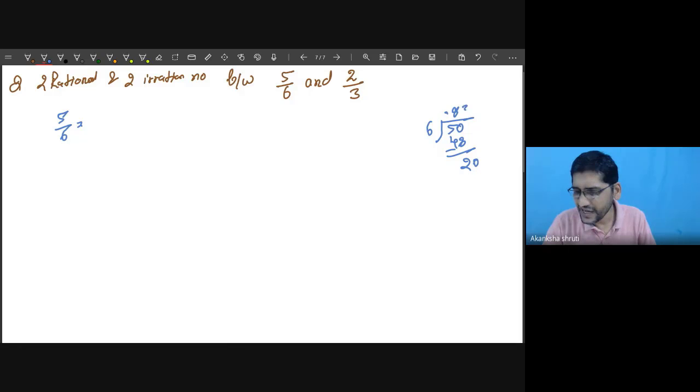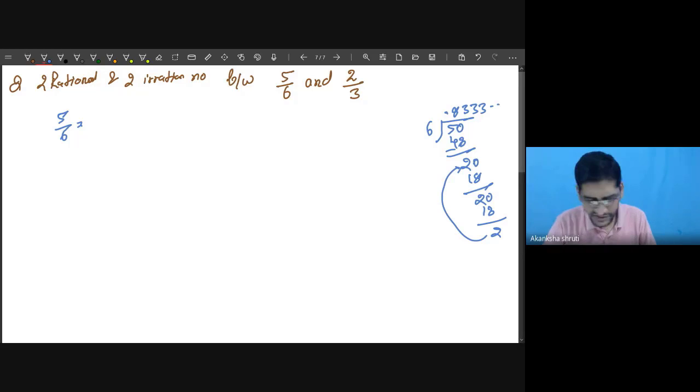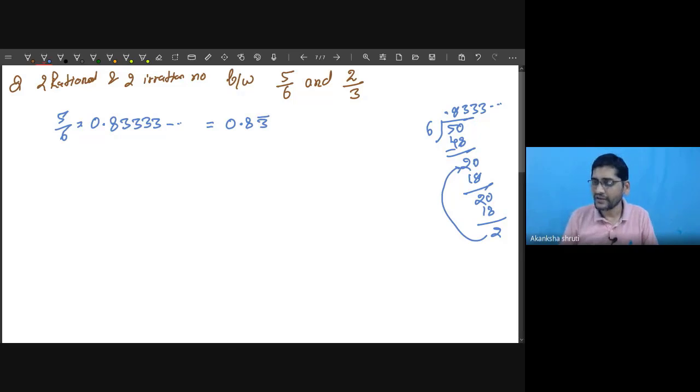Then 6 threes are 18. Then 2 more 0 can be taken. Still it becomes 3 times 6 is 18, 2. What are we getting? It is being repeated here. So this 3 will continue. So I can write this as 0.8333, or this can be written as 0.83 bar. Okay, it is this way.